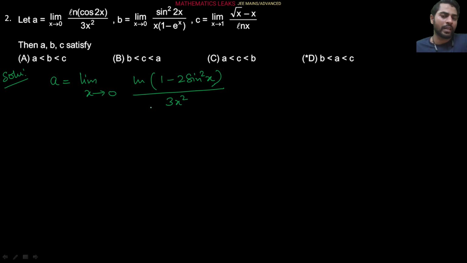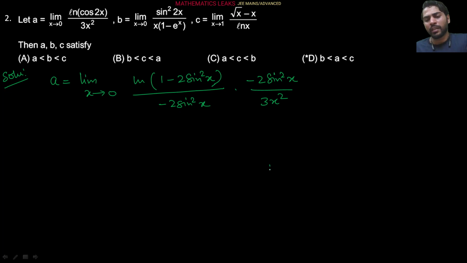Upon 3x square it is written here. So we can write down here this 3x square here, and here we are writing minus of 2 sin square x, and here also minus of 2 sin square x, right? Now in numerator denominator both we had done multiplication.